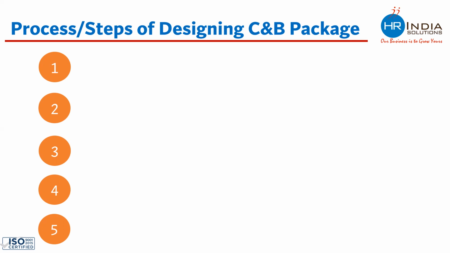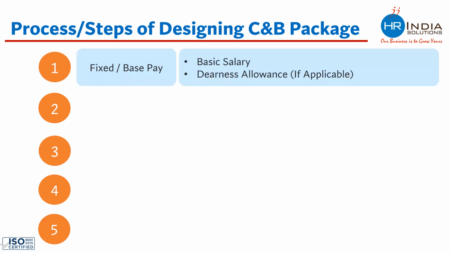The very first and most important step is to decide the fixed or base pay. At this first step, we decide the fixed pay or base pay of the person. What exactly is this? We decide the basic salary for the person, and we also decide the dearness allowance. Dearness allowance, or DA, is something which is normally found with government organizations.